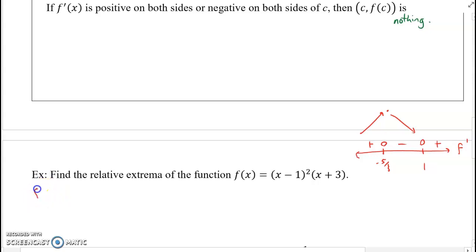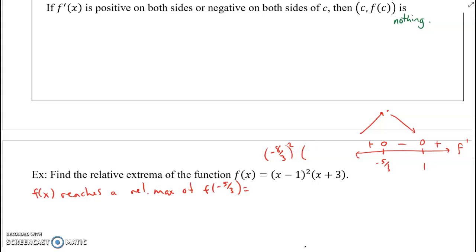So we can say f of x reaches a relative maximum of f of -5/3, which is, I don't know, this is going to be 8 over 3, -8 over 3 squared. And then -5/3 plus 3 is -5/3 plus 9/3. -5 plus 9 is 4, so 4/3.